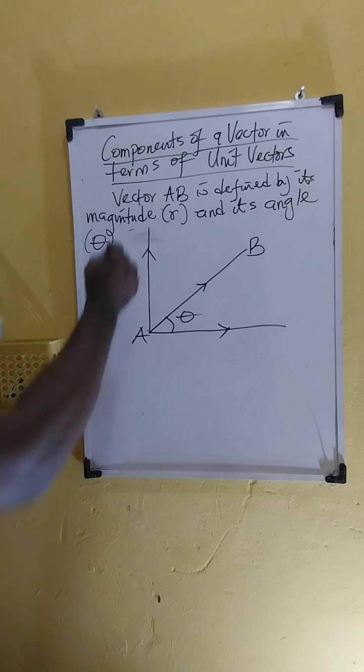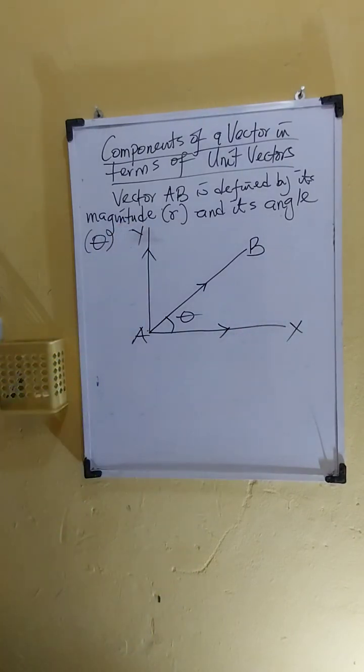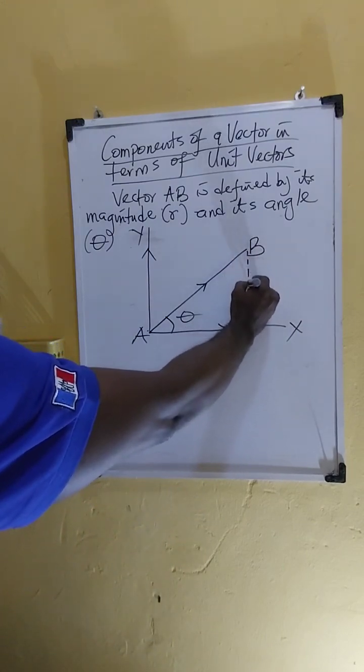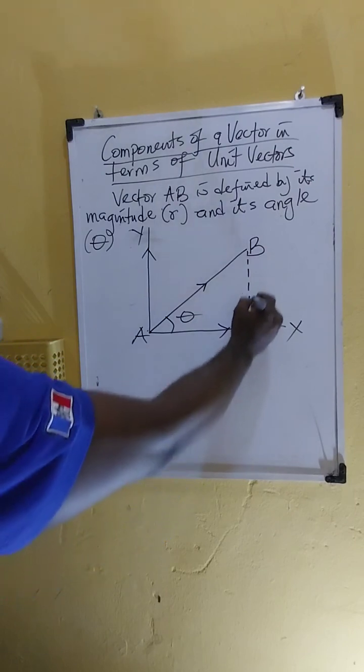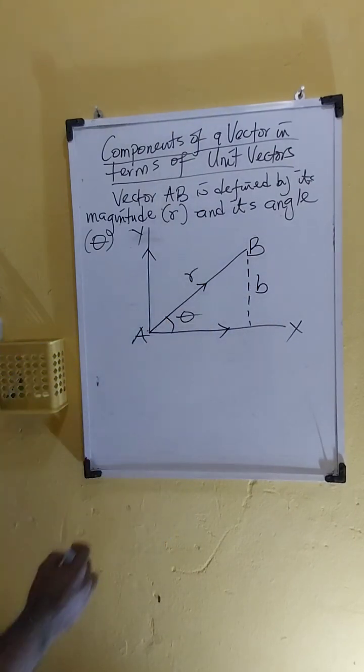There's Y here, and there's X here. So you can join this. This is actually supposed to be a broken line, which is, this is B, this is arrow, this is A.